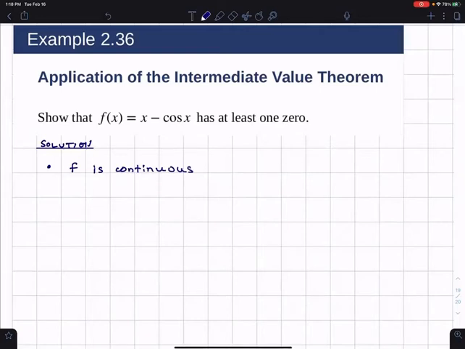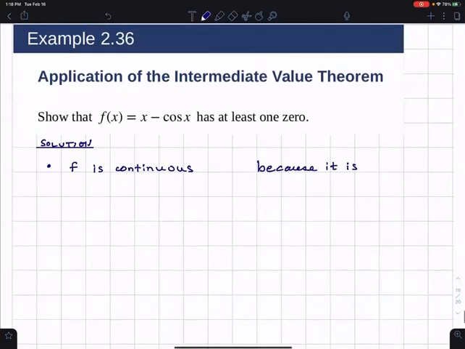F is continuous. Well, we'll pick an interval later, but let's say because it is a combination of a polynomial and a trig function.